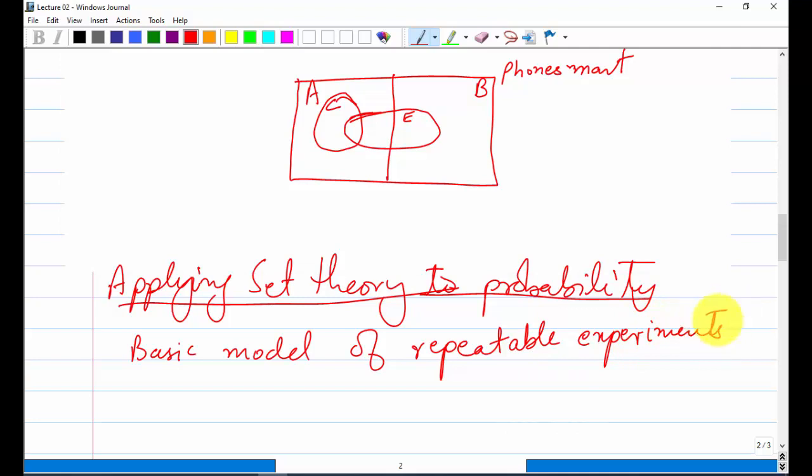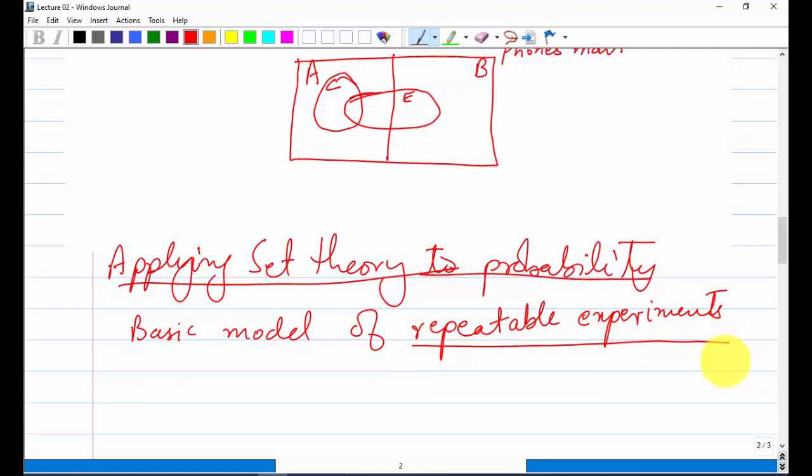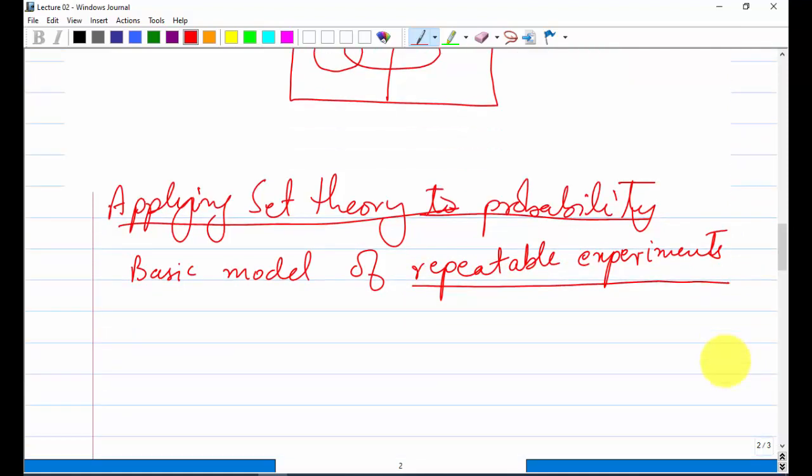So here it must be remembered that we must be able to repeat experiments under certain conditions to perform some probability test on them. So an experiment consists of observations and procedure.